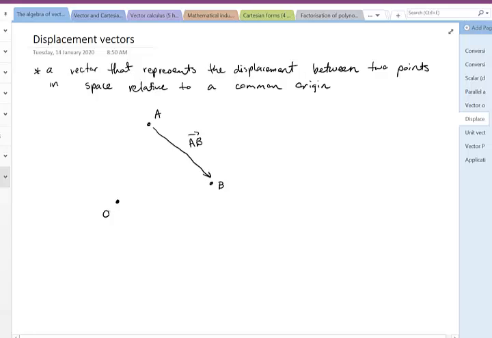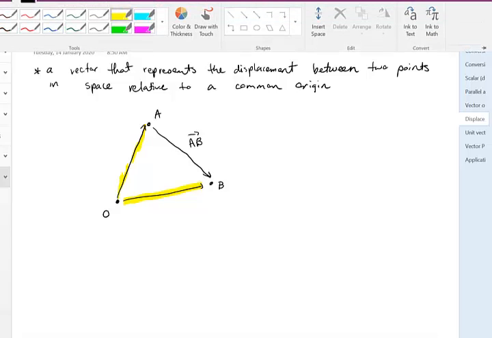We'll call that O. So if we have vector OA and OB, in order to go from A to B, we have to travel this path. We have to travel this path from A to O and then from O to B. So this is what we're going to look at as a displacement vector.